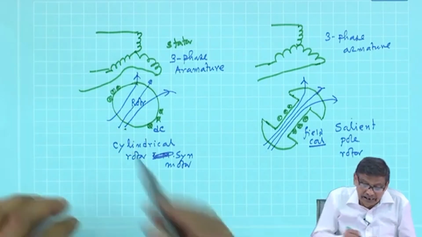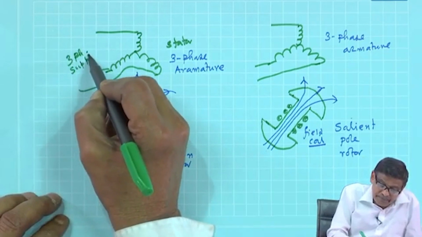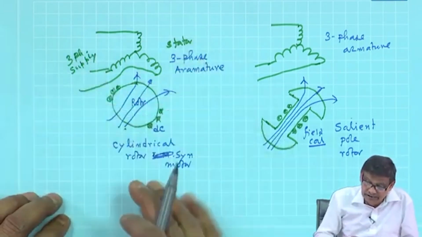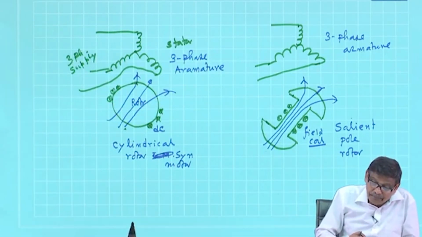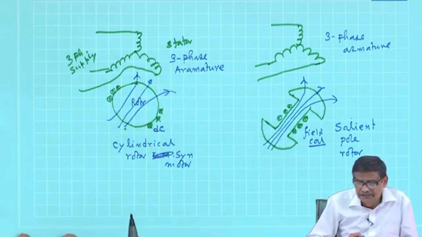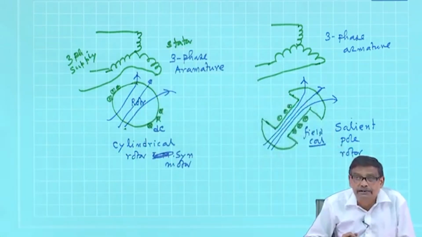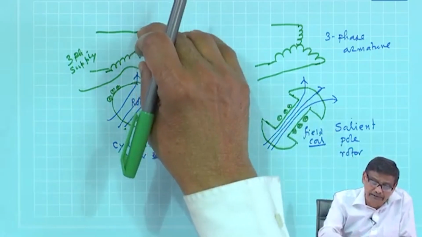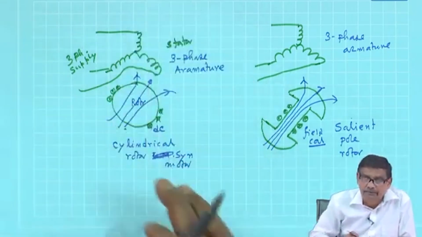Therefore, if somebody decides, no, I will place the armature, after all relative speed matters, on the rotor and DC field coil on the stator.